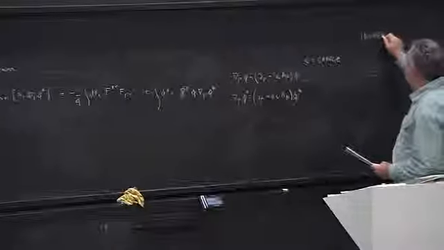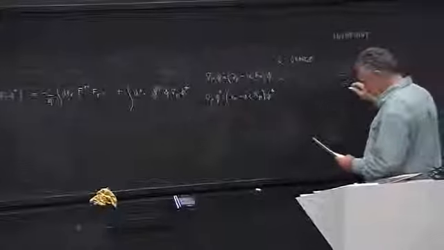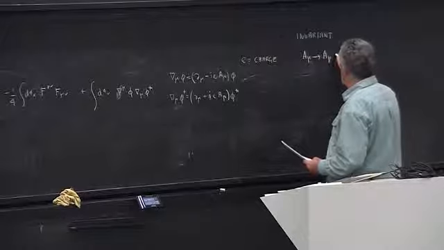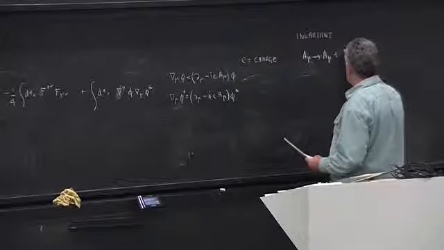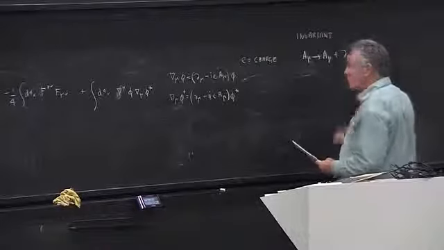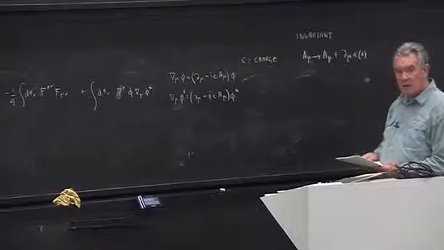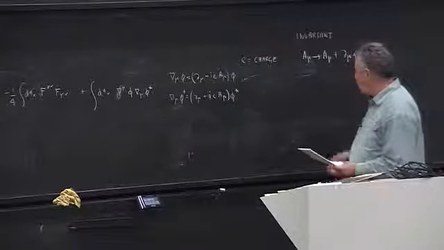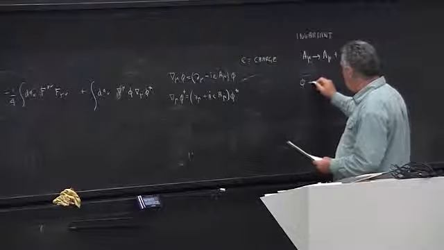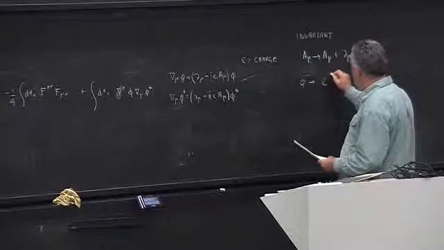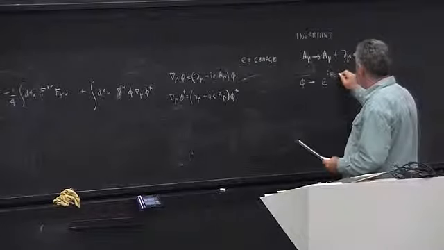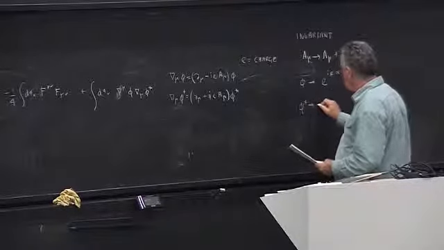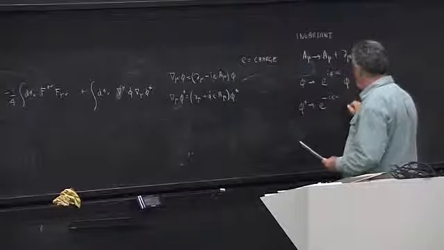Now, what's the symmetry of this Lagrangian? Well, the Maxwell piece we know already is invariant under changing A by the derivative of some scalar field alpha. And the rest will also be invariant under that, provided phi goes to e to the i e alpha times phi, and phi star goes to e to the minus i e alpha phi star.